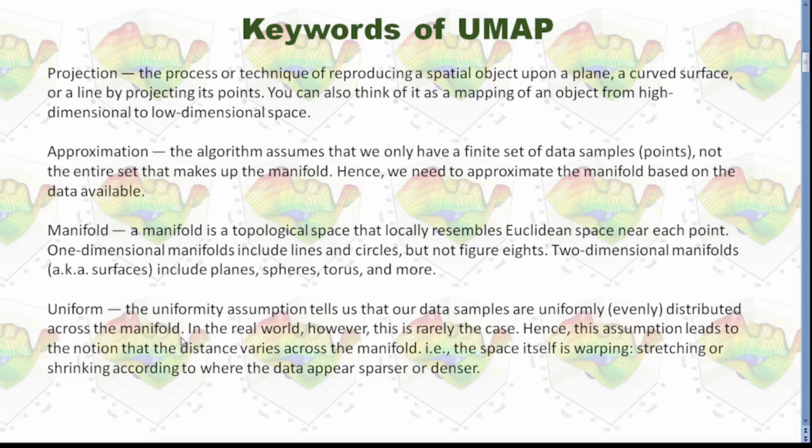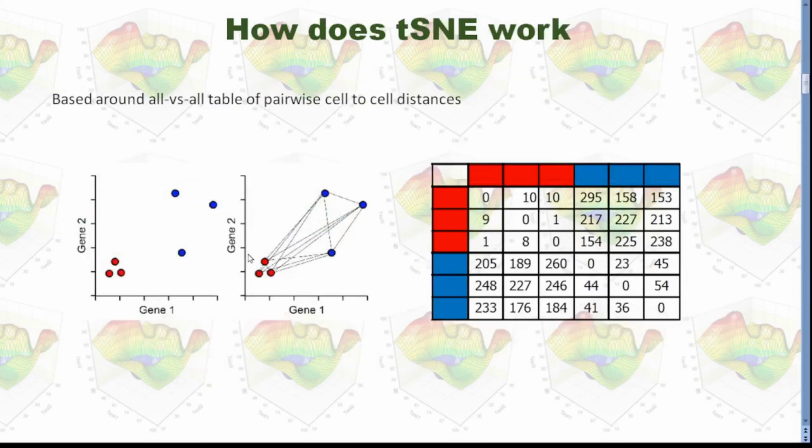I will talk about this uniformity assumption in more detail later. UMAP is a dimensionality reduction technique very similar to t-SNE. Now, let's take a look at how t-SNE works, and then we are going to compare UMAP and t-SNE.